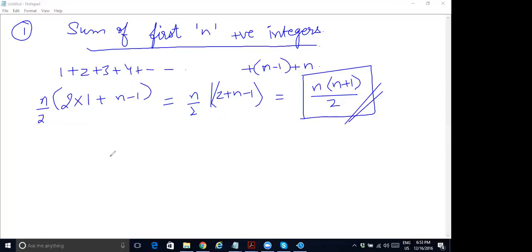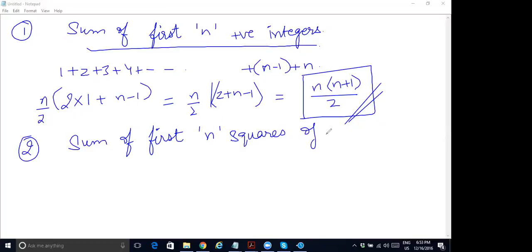Okay. What is the sum of the first n squares of positive integers? The sum of squares, like 1 square plus 2 square... are you asking me the GP sum? No, squares: 1 square plus 2 square plus 3 square.